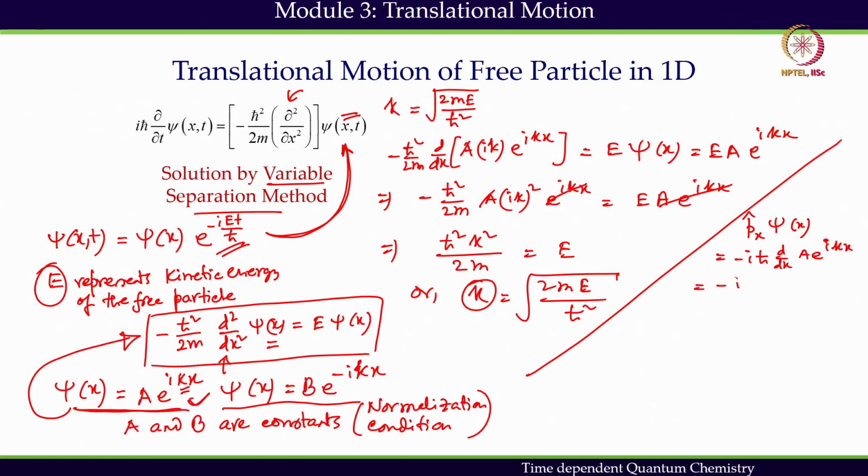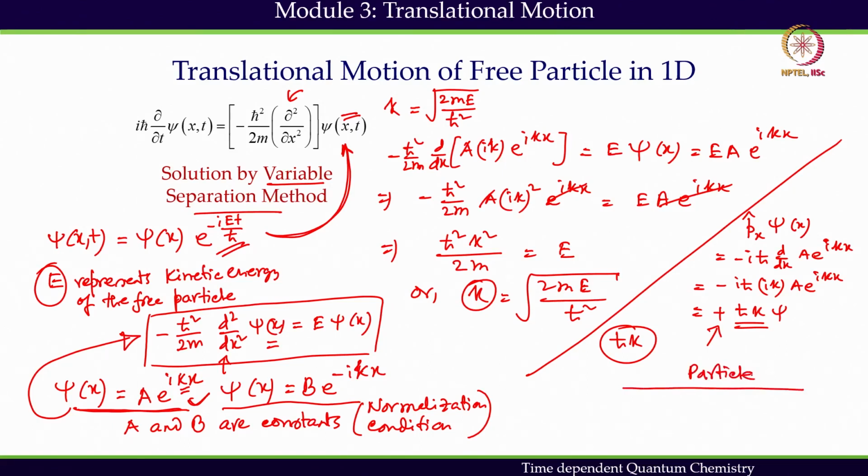I get h cut k but positive. This is psi. So the magnitude of momentum is going to be h cut k, and because it is positive, momentum positive, it means it's representing a particle.